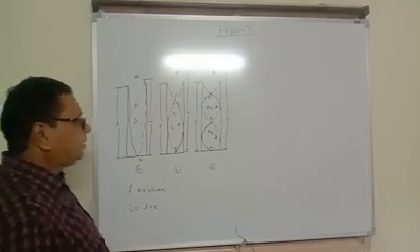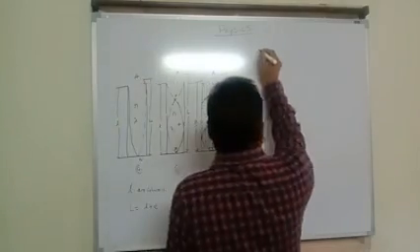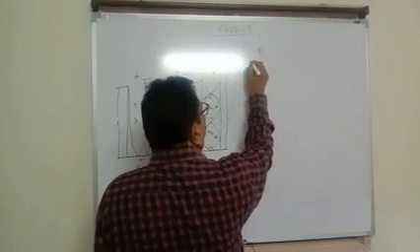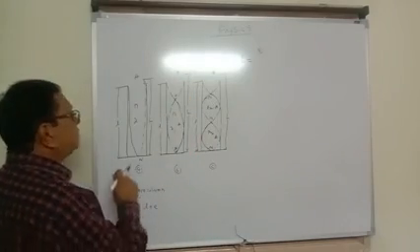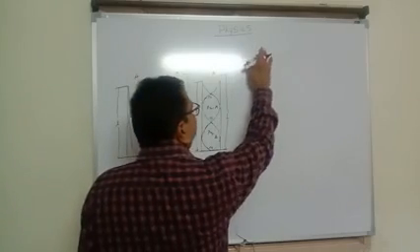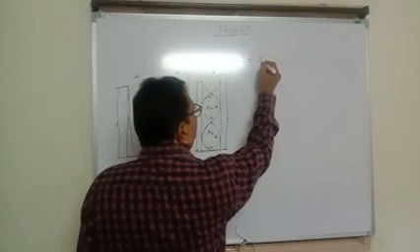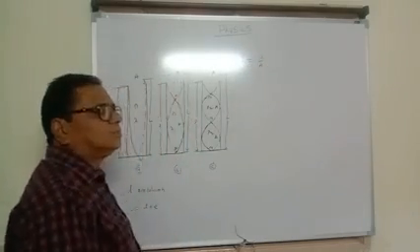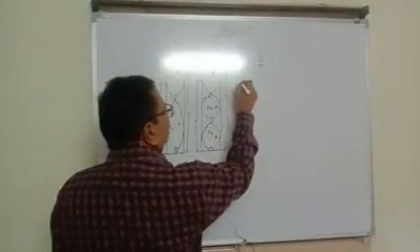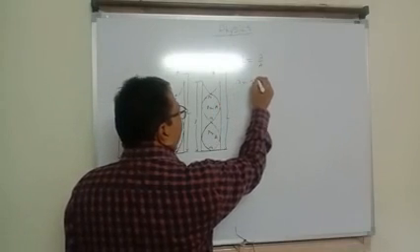Then from the figure, capital L is equal to the distance between successive antinode and node, which is lambda by 4, or lambda is equal to 4L.